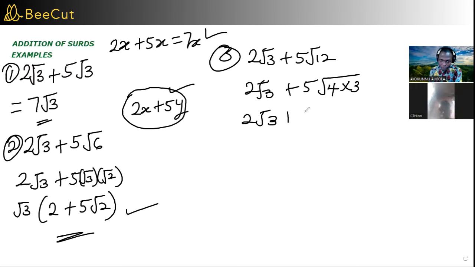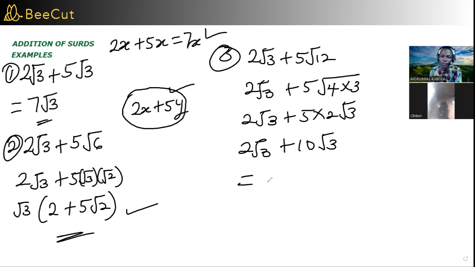That's 2 root 3 plus 5 times 2 root 3. Is that correct? Yes, sir. And 2 root 3 plus 10 root 3. And what is my answer? 12 root 3. Correct. So you can put that down as well.